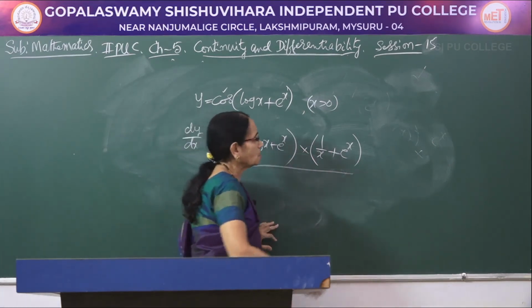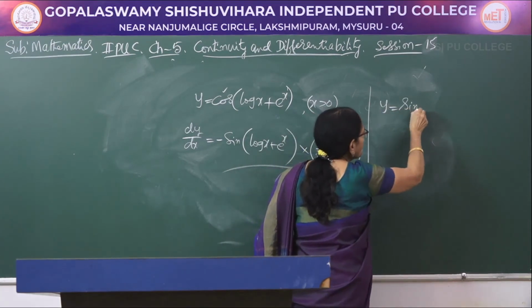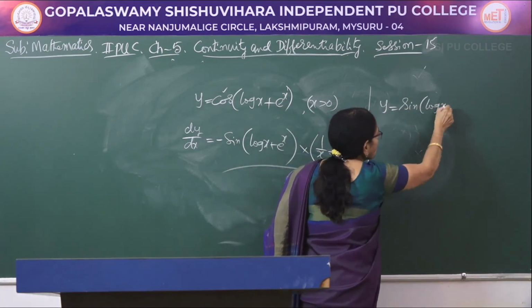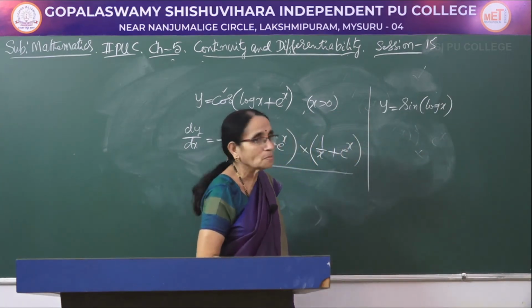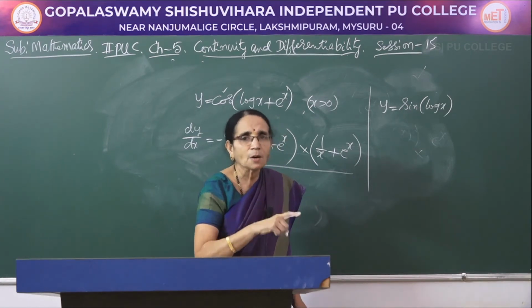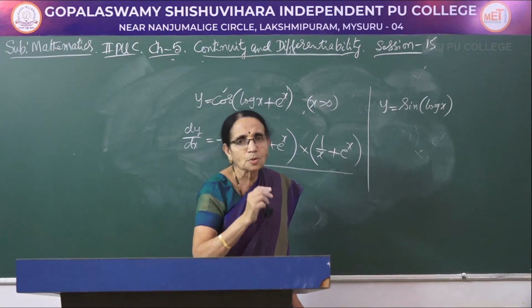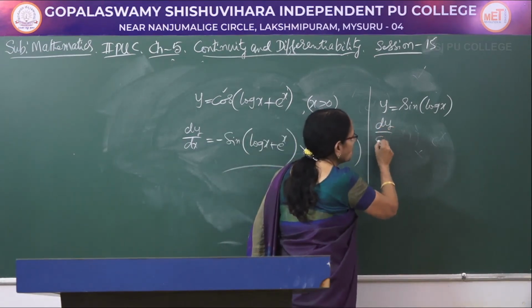The next one is y is equal to sin of log x. See, I had considered log of sin x earlier in one of the problems. Then we applied sin first, log afterwards, and I could do some simplification, whereas here the sin function is first.